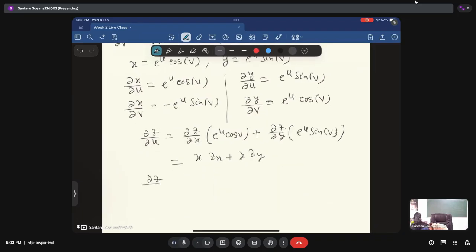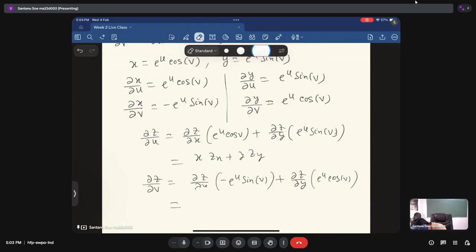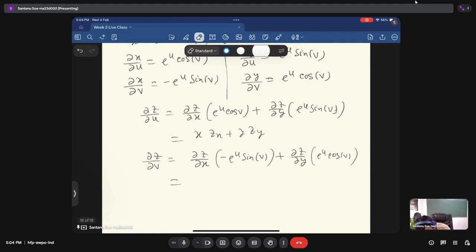Similarly, del z del v will be del z del x into del x del v, which is minus e to the power u sin v, plus del z del y into del y del v, which is e to the power u cos v. Since e to the power u sin v is y and e to the power u cos v is x, this will be minus y zx plus x zy.